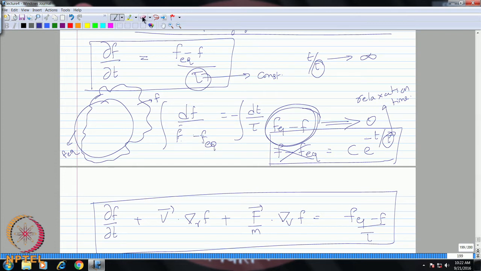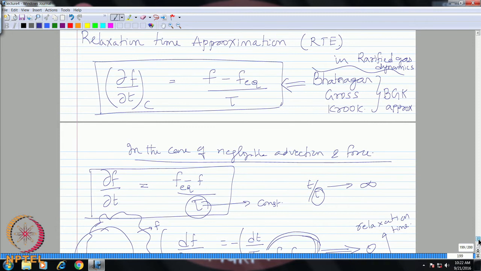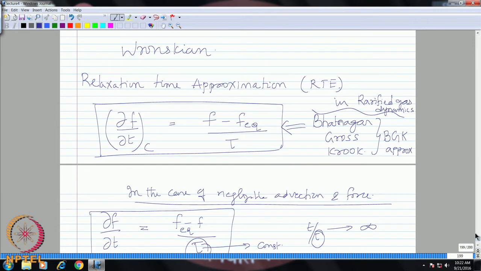Some correction regarding the sign. So, this should be F minus F equilibrium, and here also F equilibrium minus F.